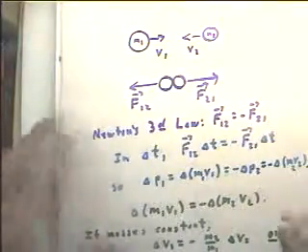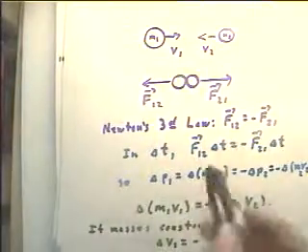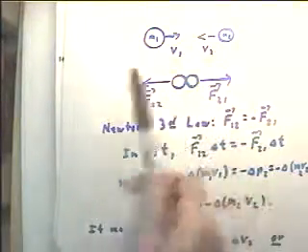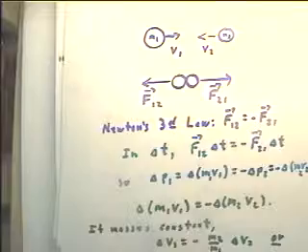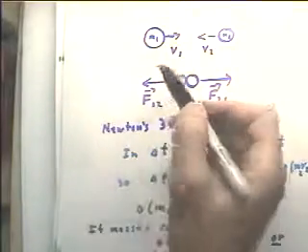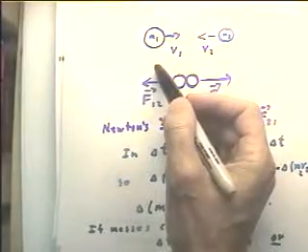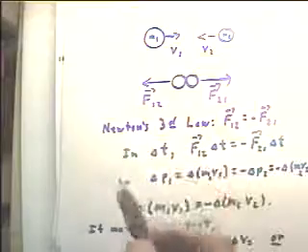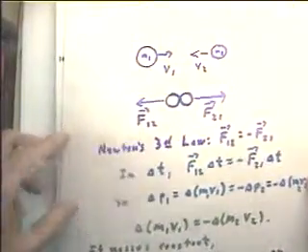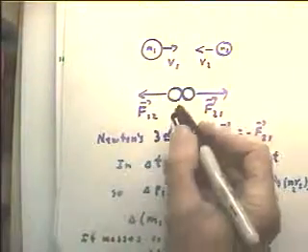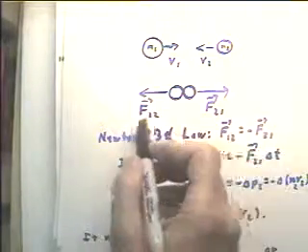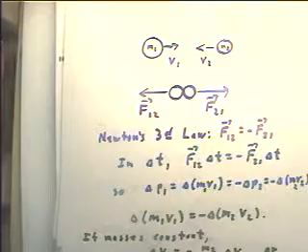An application of the idea is to a collision of two objects. A collision can be regarded as any interaction in which the two objects exert forces on one another. If two objects exert forces on one another, as they do when they come in contact, by Newton's third law, those forces are going to be equal and opposite.